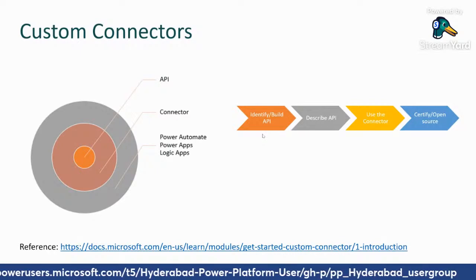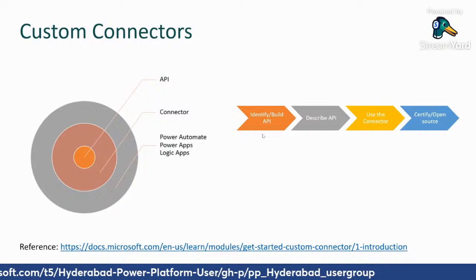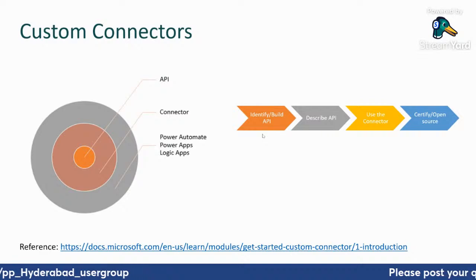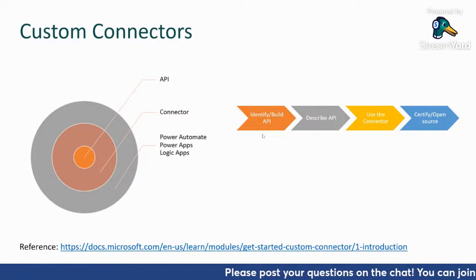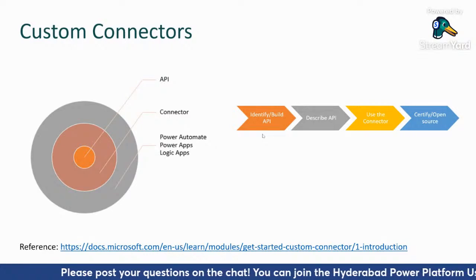The last thing, which is optional but good to have, is to certify and share the connector as open source. Custom connectors are only available in environments where their definition exists, so they are not available to other Microsoft customers.